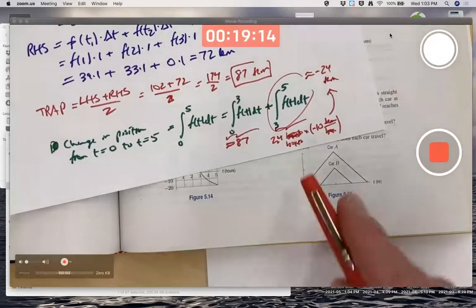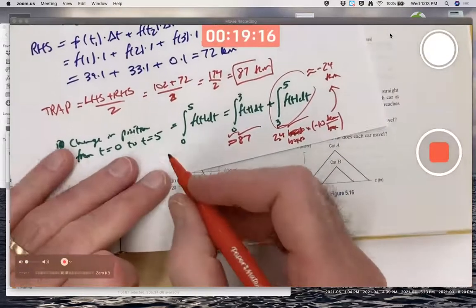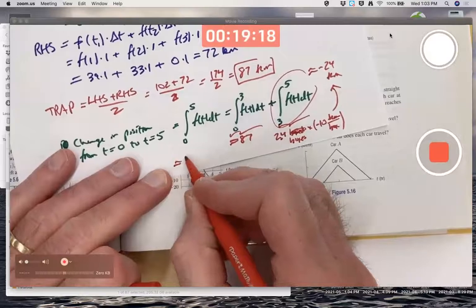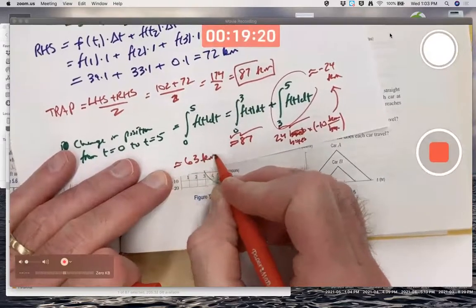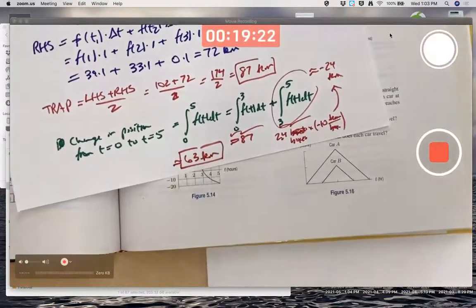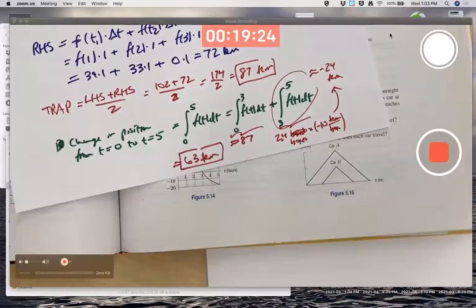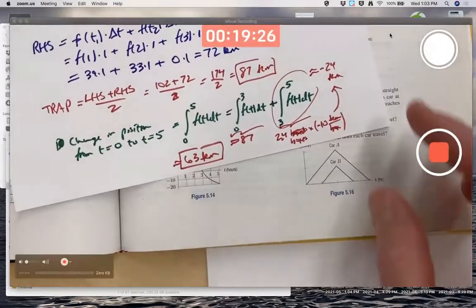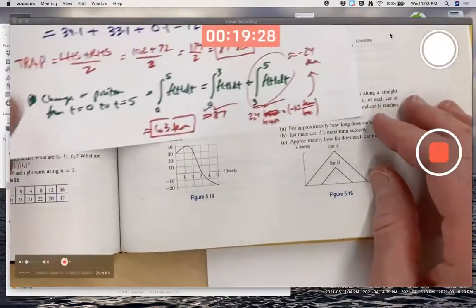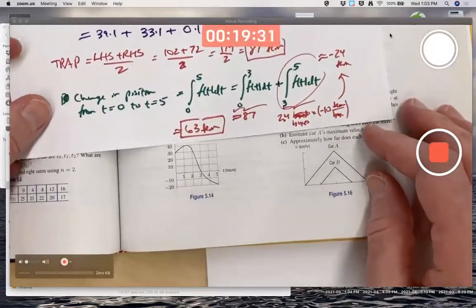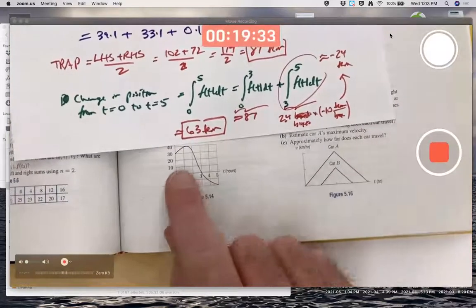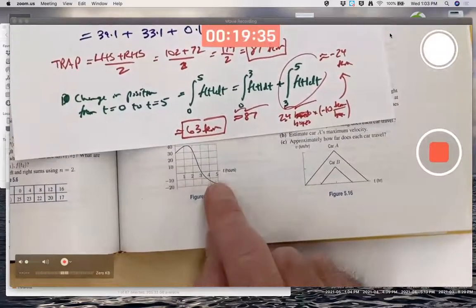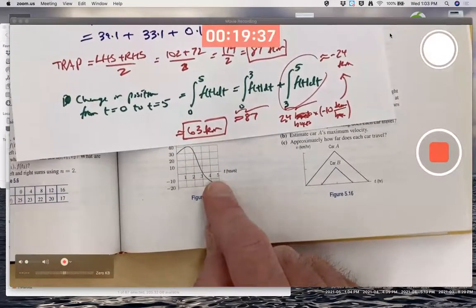The final answer then is 87 minus 24. That's going to be 63 kilometers for the final answer. As a rough approximation. So the integral from 0 to 3 was about 87. The integral from 3 to 5 was about negative 24.